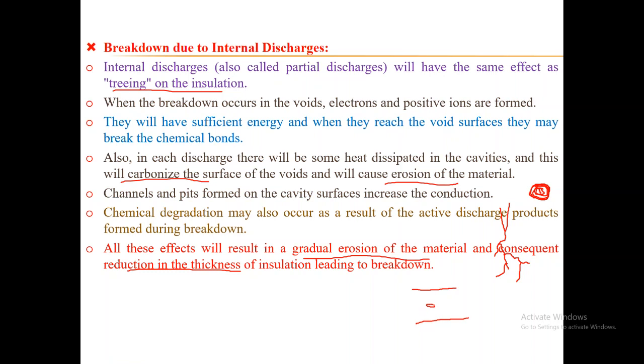Because of this partial discharge activity, because of the localized discharge which is acting continuously, it will erode the material and gradually reduce the thickness of a solid dielectric material, and at the end it will bridge the gap between the two electrodes and cause the permanent failure of an insulation. So this is the process of how this internal discharge will lead to the complete failure of the insulation.